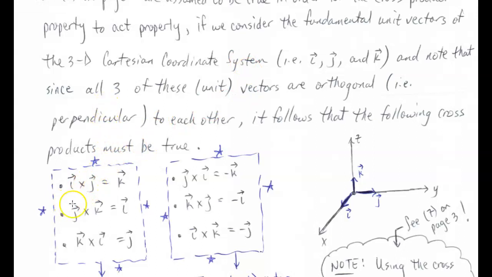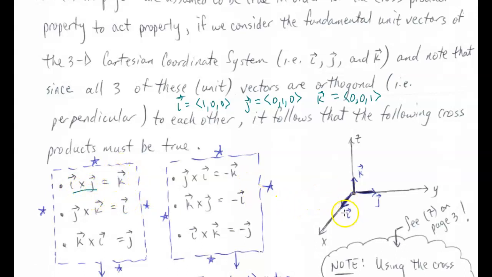What we're saying here is that if I wanted to take some unit vector I and do the cross product with another unit vector J, and just to make sure that it's clear, the vector I in 3D space looks like this in component form, and the vector J looks like this, and the vector K looks like this in component form. So if I do I cross J, then the result ends up being K.